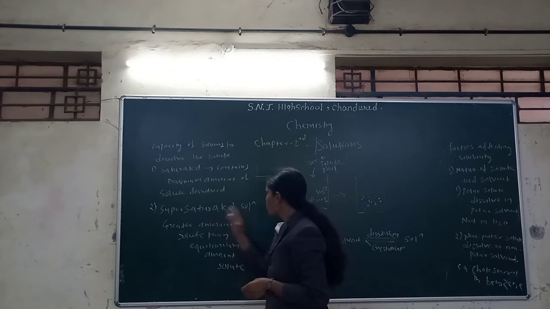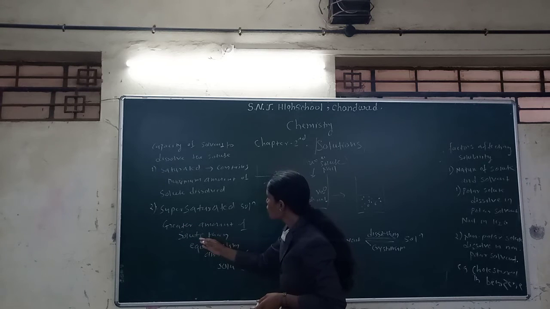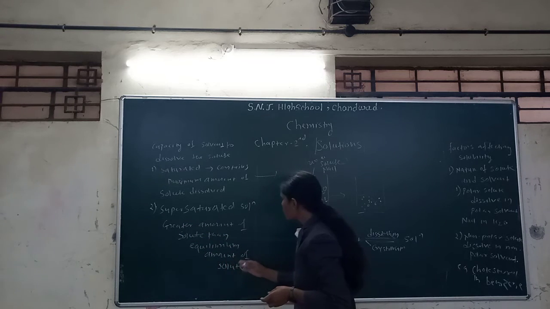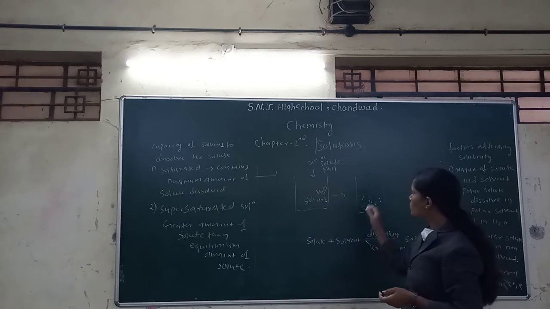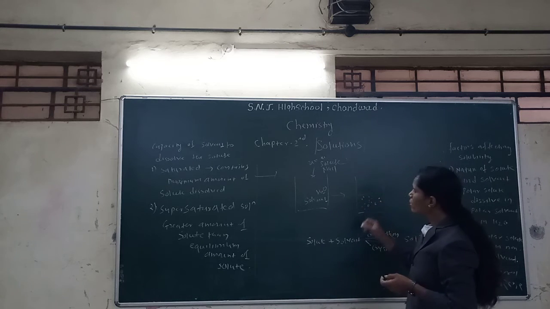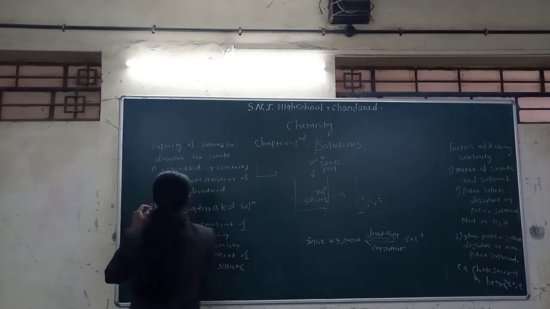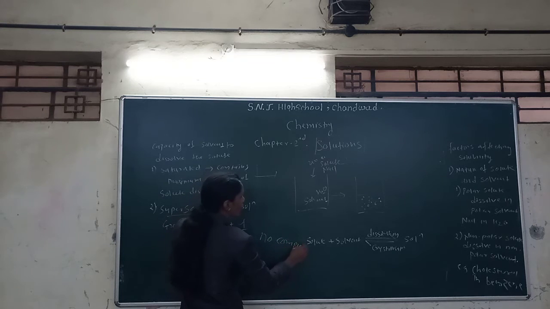And in a supersaturated solution, there is a greater amount of solute than the equilibrium amount of solute. Means in a supersaturated solution, excess solute is present in the solution. Means there is no complete dissolution of solute particles.